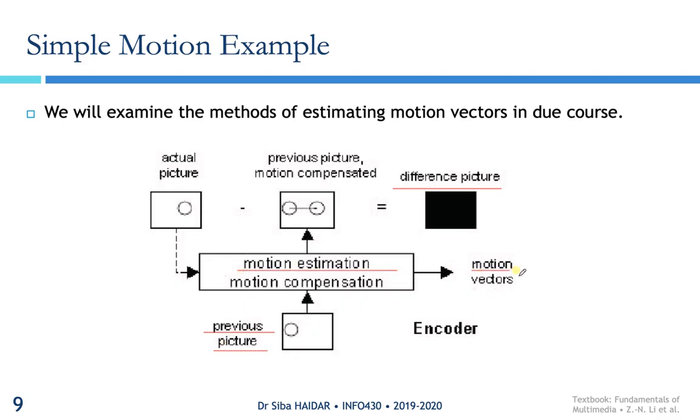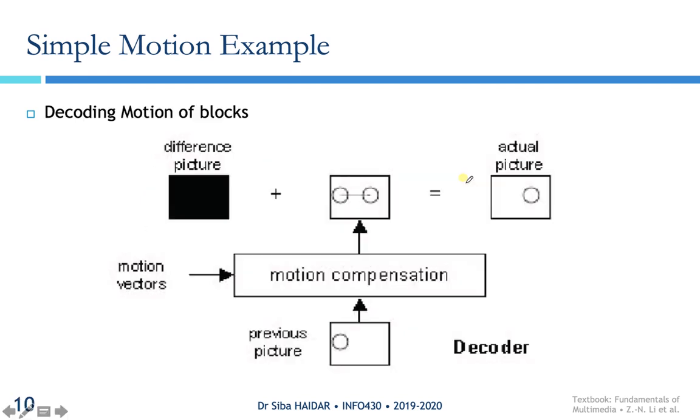So we will be coding only the difference picture, the previous picture and the motion estimation, which will give us, of course, the motion vectors. So we take the previous picture, motion vectors, and difference picture. The decoder receives them, as you can see here: motion vectors received, difference picture received, and previous picture either received or already decoded.